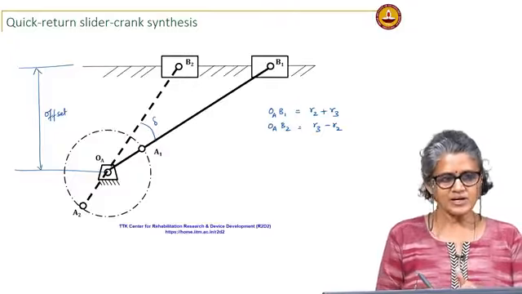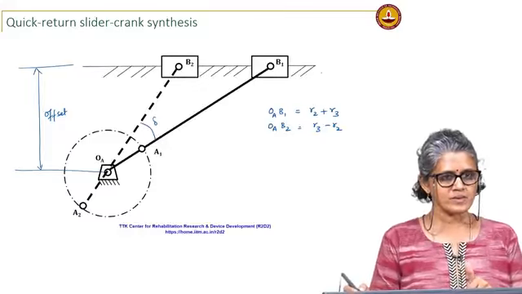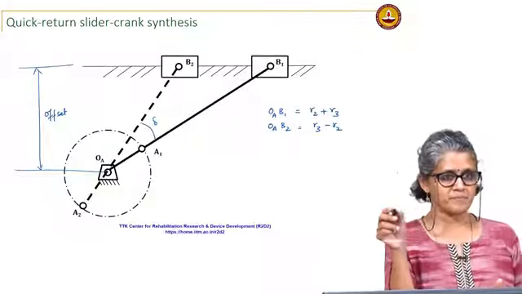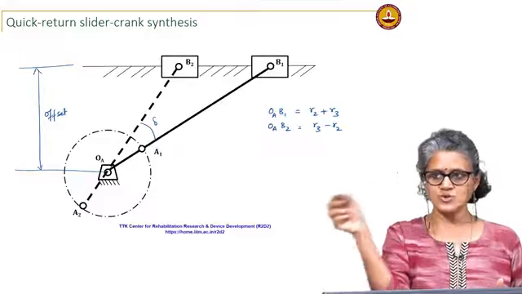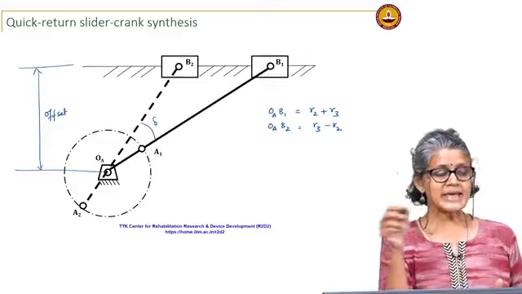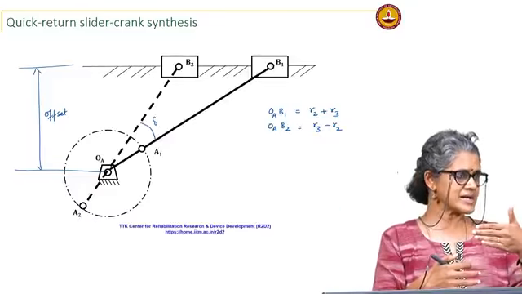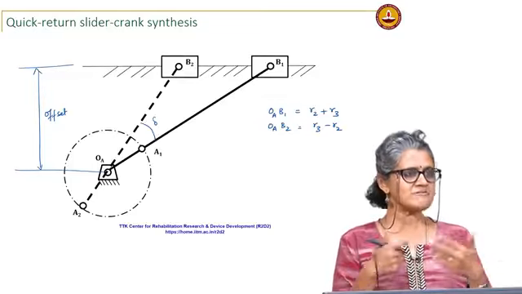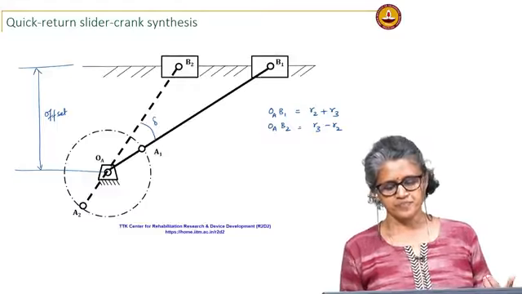If this center was in the same line as your B1, B2, that is similar to your timing ratio 1. So, this moves 180 degrees, that moves 180 degrees, that is called an inline slider crank. When you have an offset slider crank, you automatically have a timing ratio that is not 1, you have a quick return mechanism.